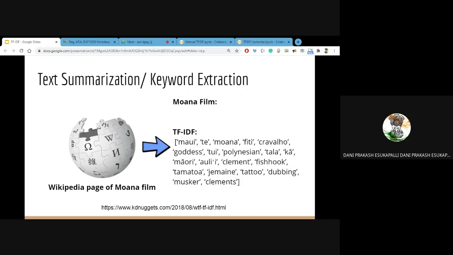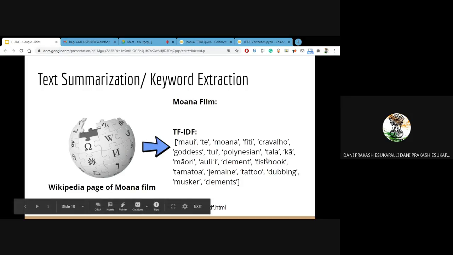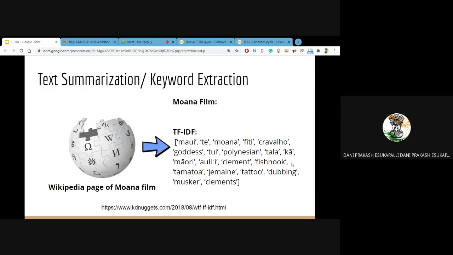If we take the TF-IDF of this Wikipedia page, we can get good words like a character name in that film, or fishhook, which is an instrument in that film. In keyword extraction, we have to take the important keywords that have more discriminative power.